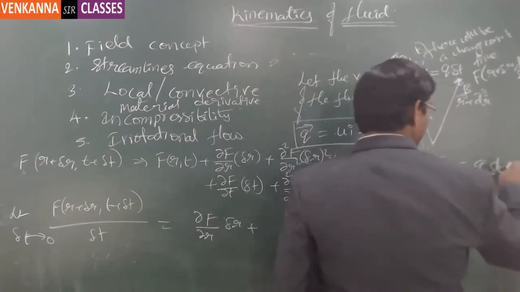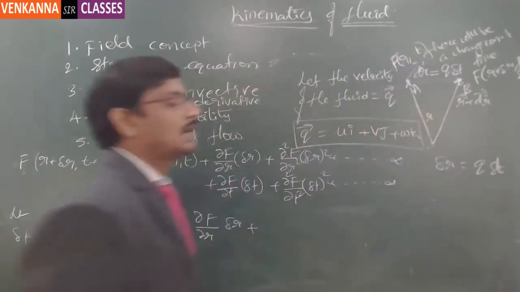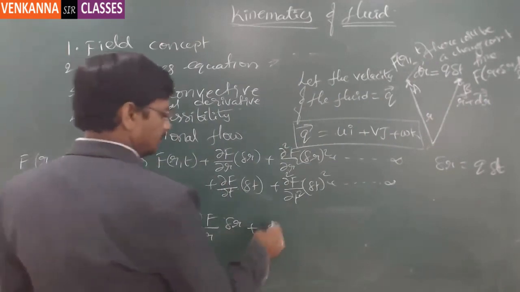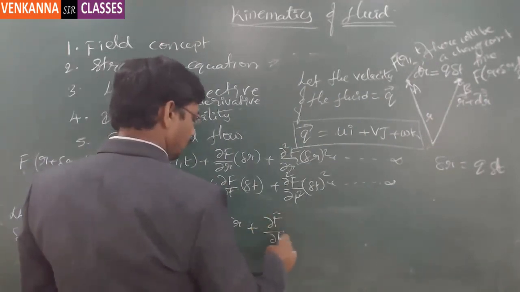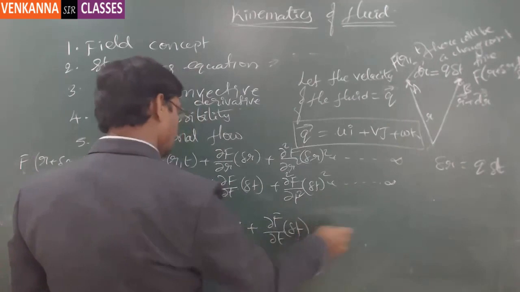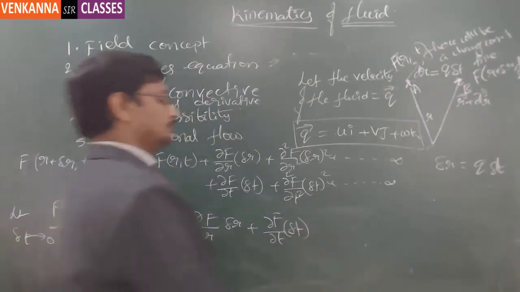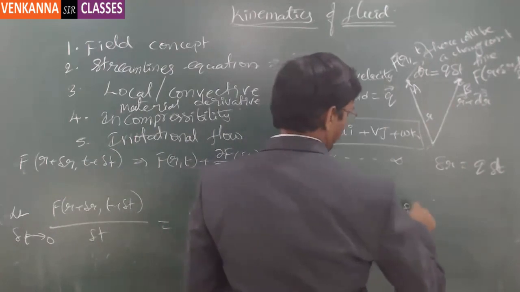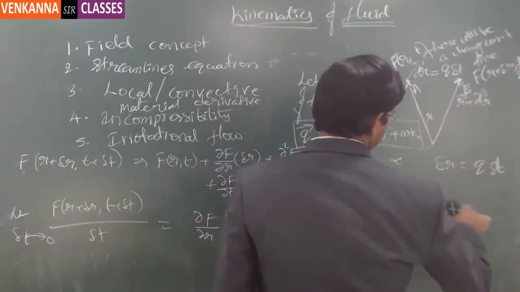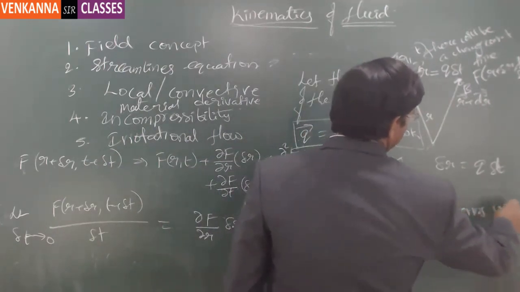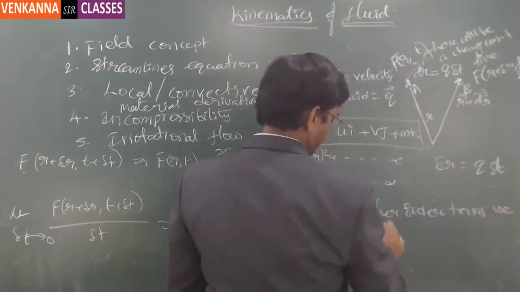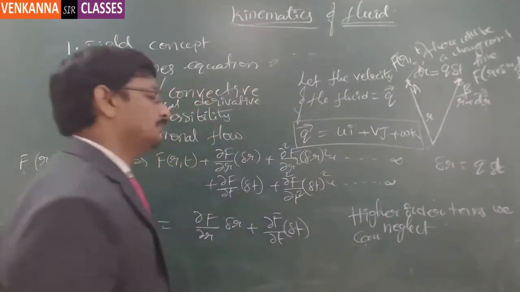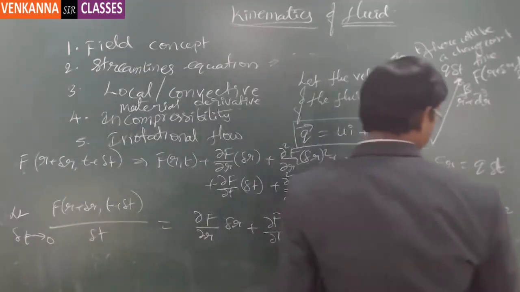So as delta t tends to 0, delta r will also tend to 0. Then dou f by dou t into delta t. And the higher order terms we can neglect as delta t tends to 0.